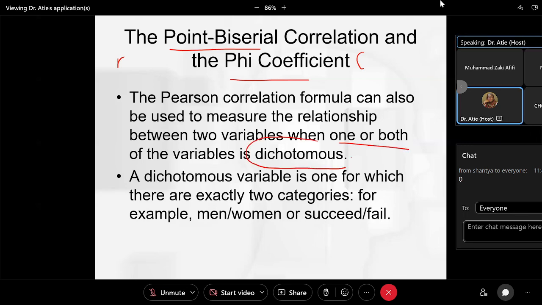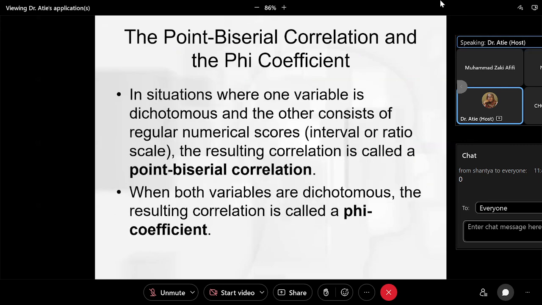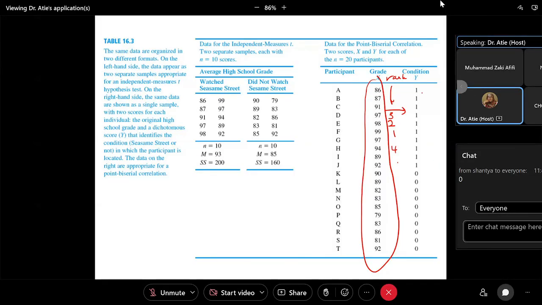Dichotomous means you have only two choices, for example yes or no. Usually we recode one to 1 and the other to 0. Here we only record 1 or 0, two types of numbers. Then you will need to use the phi coefficient. So it's slightly different.